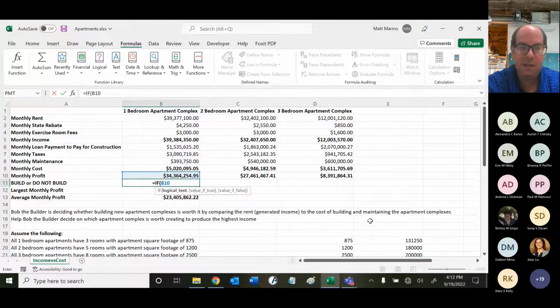If B10, which is our profit, is greater than B9, our cost, comma, quote, build, close quote. So if there's more profit for these apartment complexes than there is cost, then we want to build them because we're going to make money. But if it's false, quote, do not build, close quote, and close parentheses.